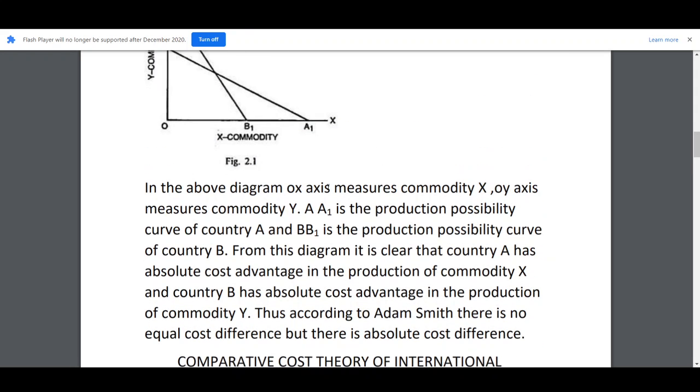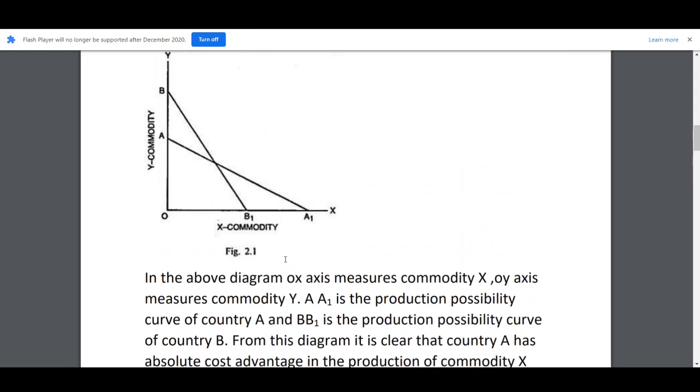In this diagram, it is clear that country A is producing which commodity more? Commodity X. Okay. Because AA1 is the production possibility curve of country A, and country A is producing more quantity of commodity X. That is, OA1 is greater than OB1. Isn't it?